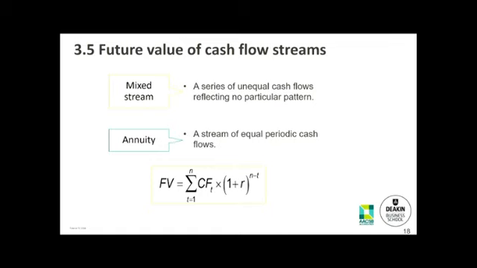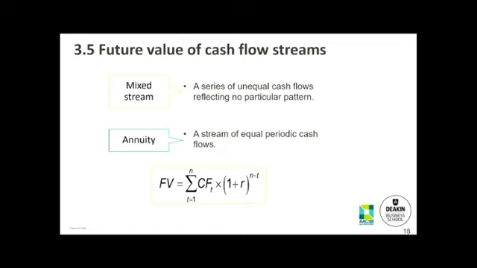First of all, mixed stream of cash flows. Mixed stream of cash flows means a stream of unequal cash flows, reflecting no particular pattern. Listen carefully. A stream of unequal cash flows reflects no particular pattern.